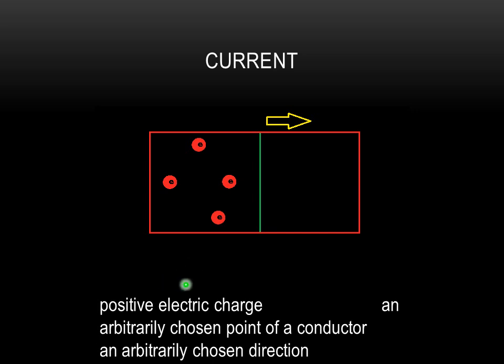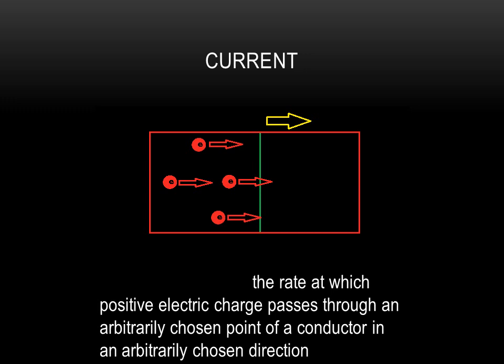Next, we need positive electric charge, so we'll place some protons inside of this conductor. Next, we need to add some movement, since these charges are going to be passing through our arbitrarily chosen point, and they're going to be moving in the arbitrarily chosen direction, in other words, to the right. Finally, we need to look at the rate at which all of this is occurring. So, what we need to know is how much charge is passing through this point in a given amount of time.